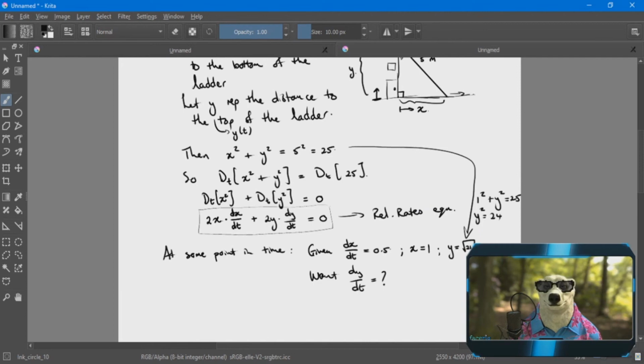Ooh, if I round to 2 decimal places, it's really 4.90. Now, I do have to use the original in any future calculation, but whenever I present it, it's okay to round. So the point is now I do have everything I need in this related rates equation.